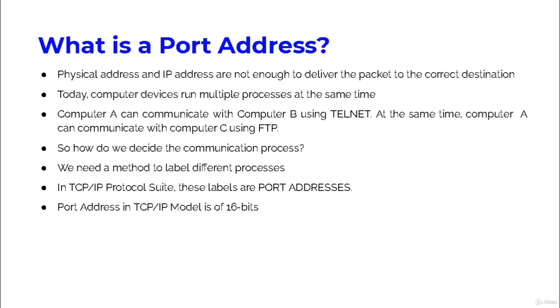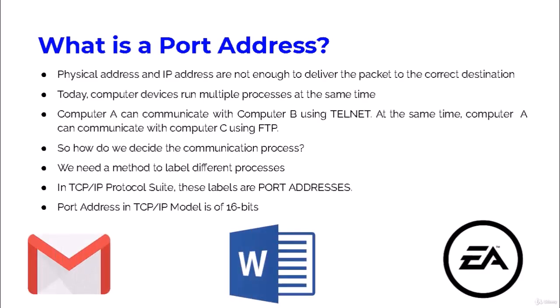But how? Today, computers can run multiple processes at the same time. You might be using Gmail, and simultaneously using Microsoft Word, or even playing a game. That is why the end objective of internet communication is a process communicating with another process.